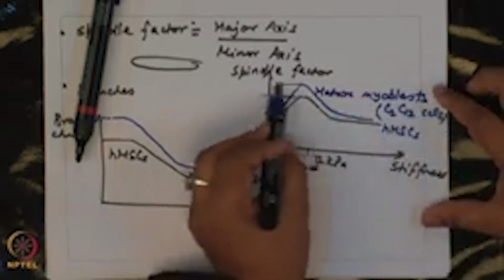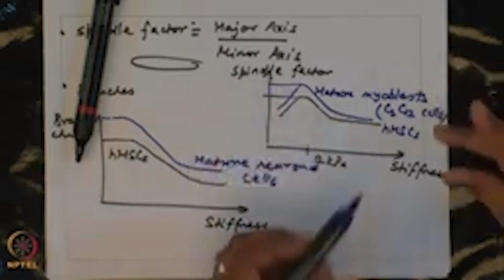So, you had maximum elongation on the intermediate stiffness surfaces.